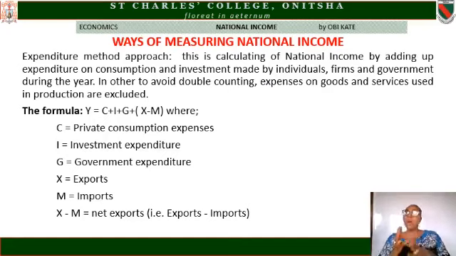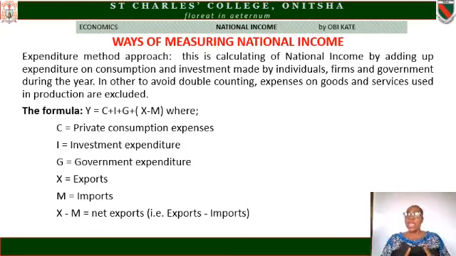And this is straightforward. If you want to know your income, assuming you went to the market, you made some purchases, and back home, you were confused. How did I spend this money? For you to know the actual money that you have, sit down, add up your expenses. Your expenses must be equal to your income.